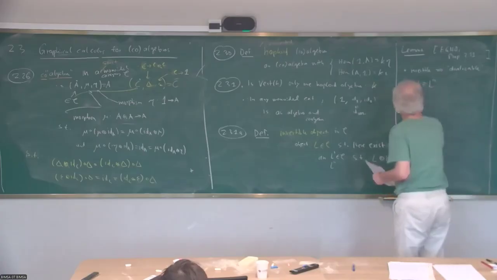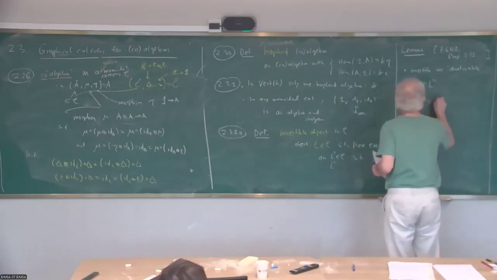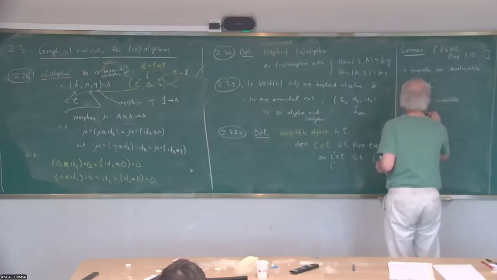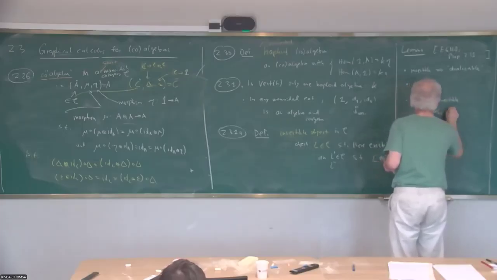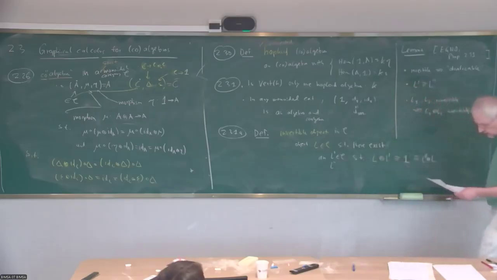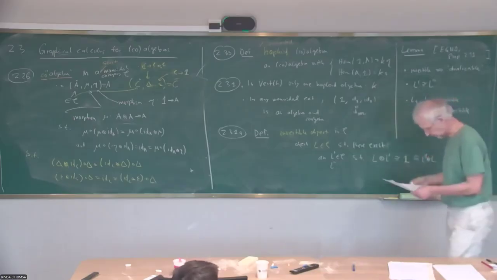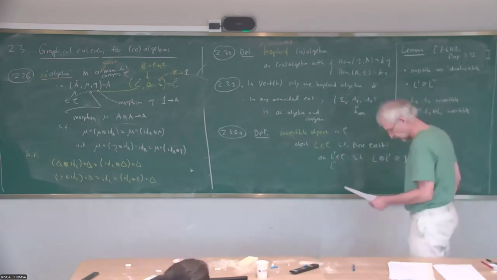And also if L1 and L2 are invertible, then the tensor product is invertible, where you just identify what are the other corresponding prime or double prime objects.